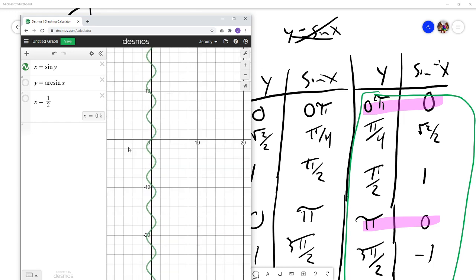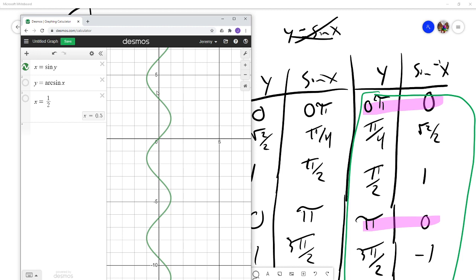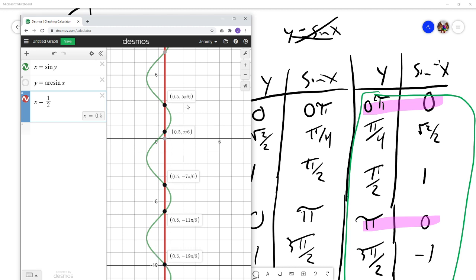All the angles are our outputs, and there's an infinite number of angles associated with every single value between negative 1 and 1. So for example, if we graph x equals a half, we have all these different angles associated with that, and these are all the coterminal angles associated with pi over 6 and 5 pi over 6.